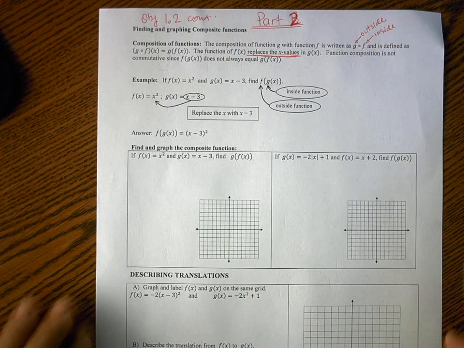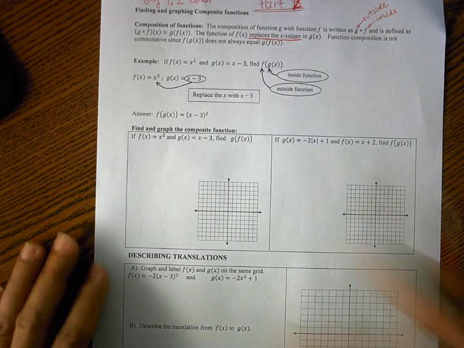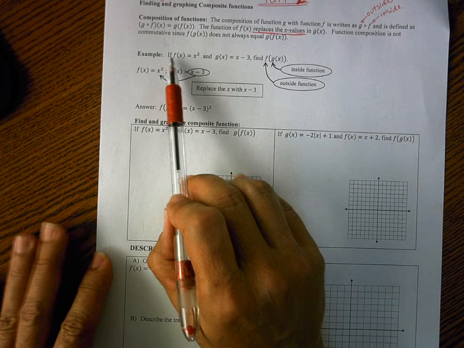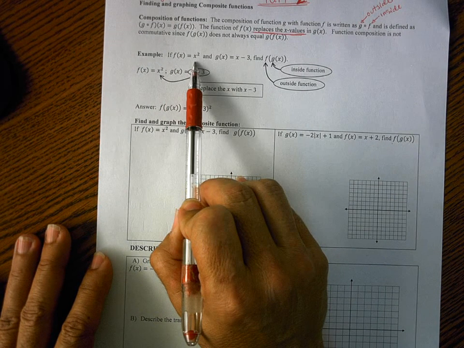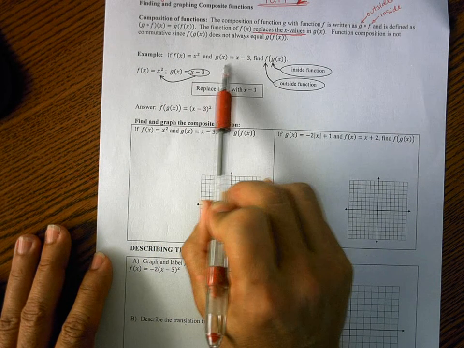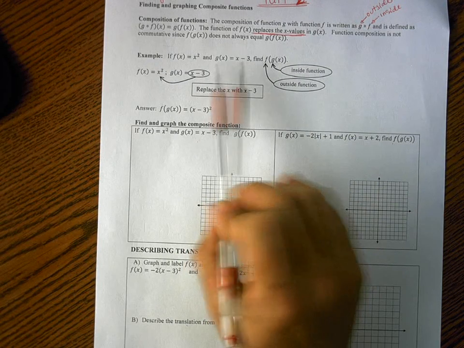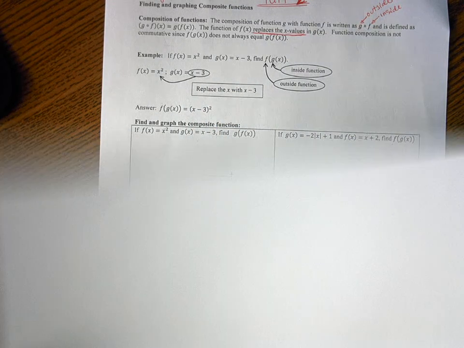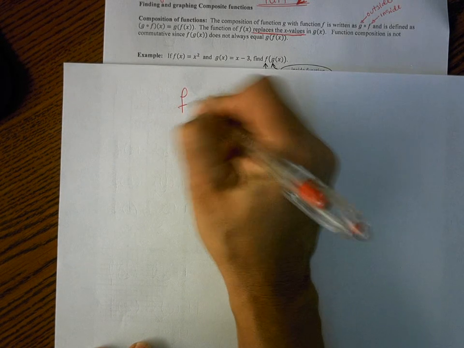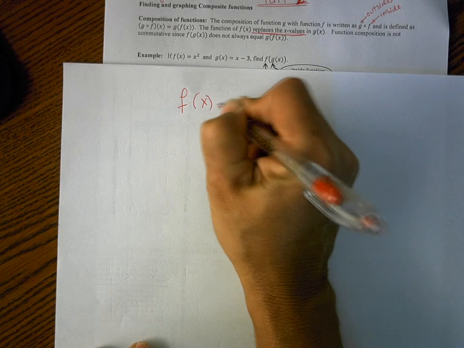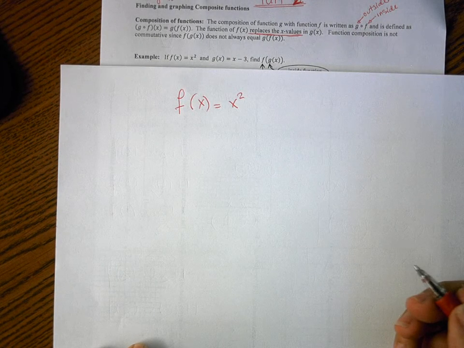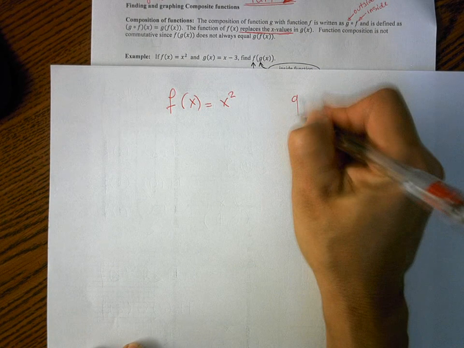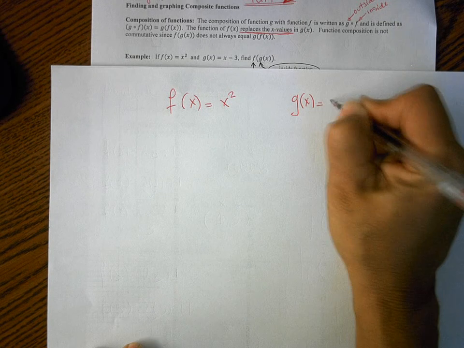All right, so let's go ahead and take a look at this example right here. We have f of x equals x squared, okay? And then we have g of x equals x minus 3. So let me do it from scratch, and then we'll come back and look at it over here again, okay? So I'm going to put a little white paper right here. So I have two functions. I have f of x equals x squared. And then we have the other function, g of x equals x minus 3.